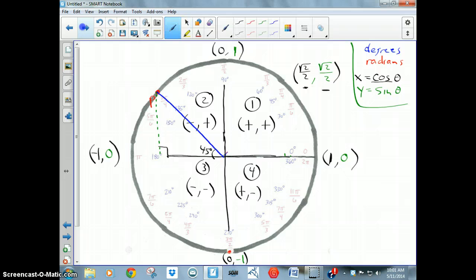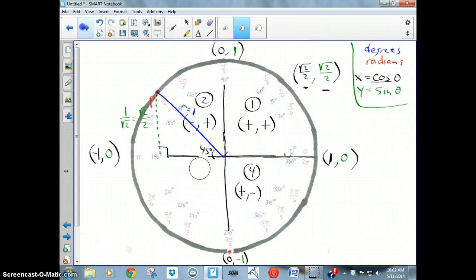The radius of my blue line is equal to 1. So how long is my green line? Well, again, that would be 1 over the square root of 2, which is the same as square root of 2 over 2. And how long is my black line? My black line is also square root of 2 over 2. But since we're dealing with coordinates, this has a negative sign.